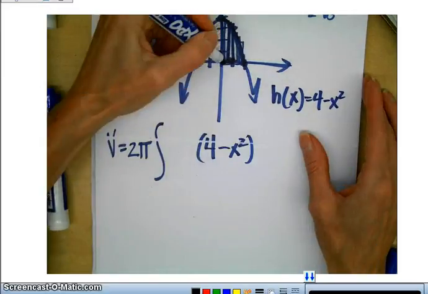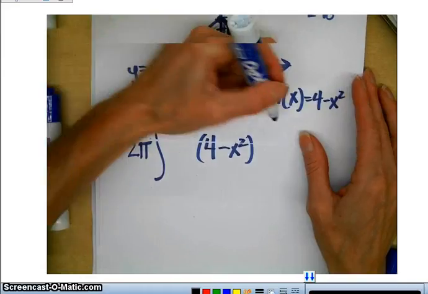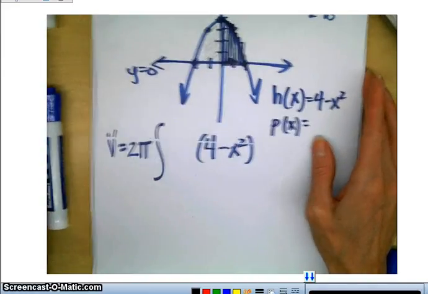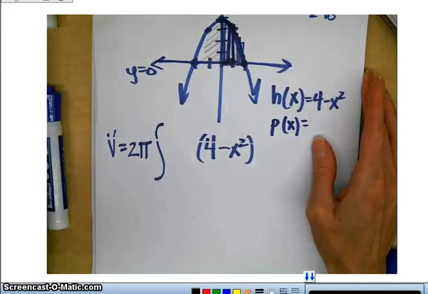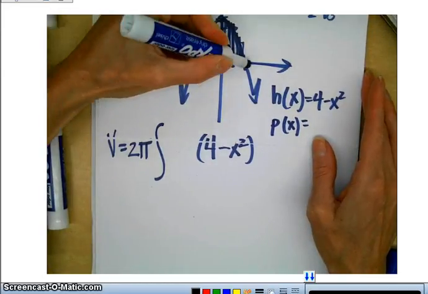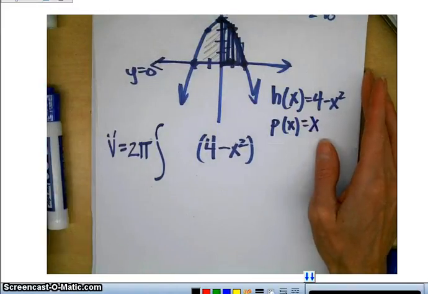The distance that that shell is from the axis of rotation, the p of x, that's one that takes a little bit of work. Most of the time, if the area is touching the axis of rotation, the p of x will just be x.